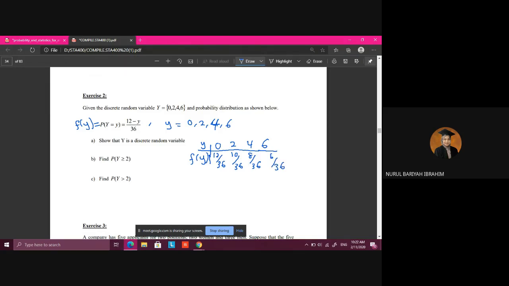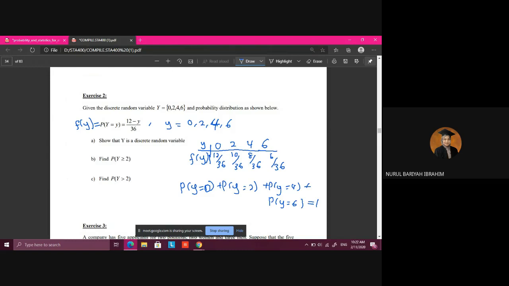Show that y is a discrete random variable. How do we know it is a random variable? You need to add all of these: probability of y equal to 0 plus probability of y equal to 2 plus probability of y equal to 4 plus probability of y equal to 6 should be equal to 1.